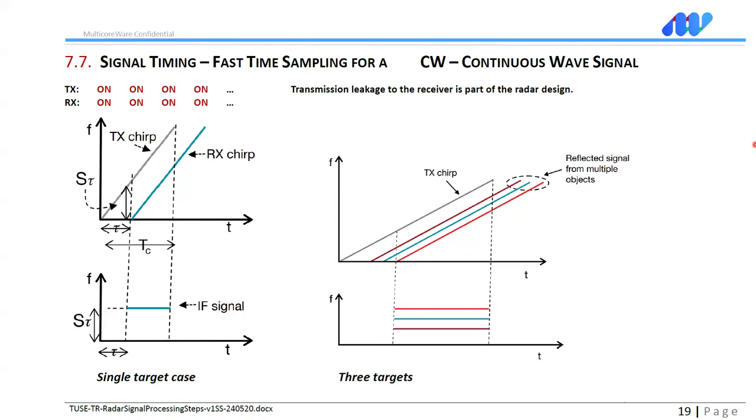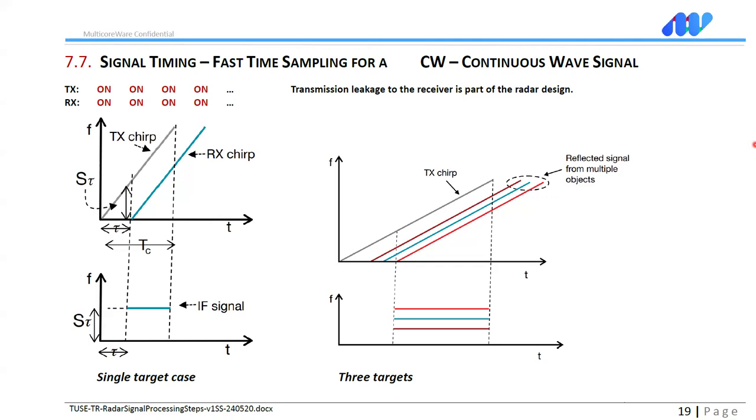Then, as part of the radar design, the transmitted signal needs to be coupled, because maybe you multiply the received signal with the transmitted signal in time using an analog mixer. That's a hardware design. Then we can have this continuous wave option.